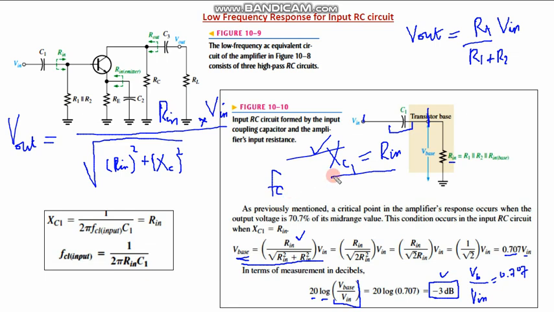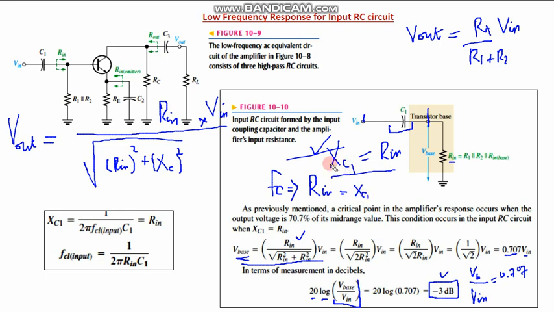The conclusion is that if Rin becomes equal to the reactance XC, we have a reduction in the voltage at the input equal to minus 3 dB, and it corresponds to your critical frequency. So the critical frequency occurs when Rin is equal to XC1.